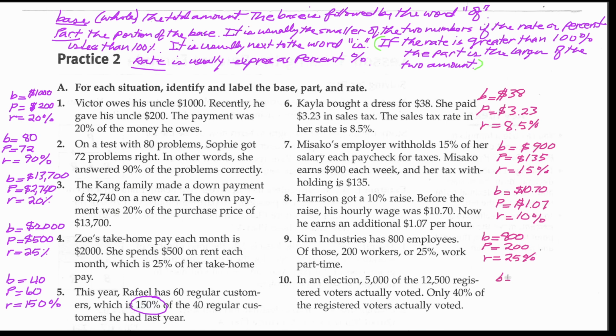So in this case, the base is going to be the 12,500. The part is the 5,000. The rate is 40%.